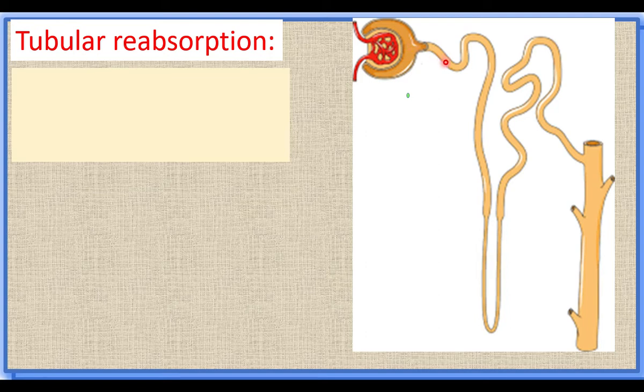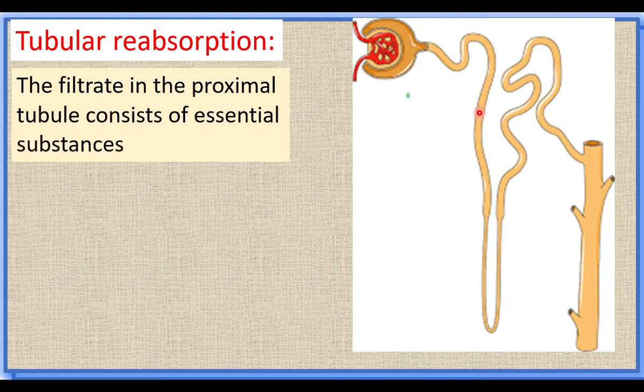The glomerular filtrate comes to this proximal convoluted tubule. It has essential substances also. So these essential substances are taken back into the blood. From the proximal convoluted tubule, the essential, useful materials are taken back into the blood. Now let us see the useful materials which are filtered.